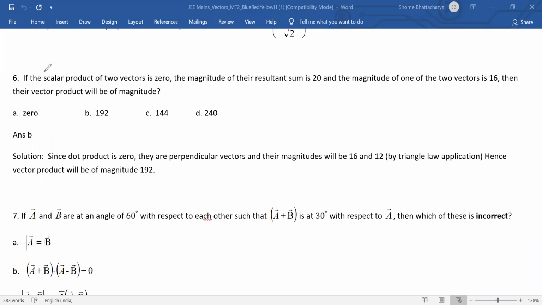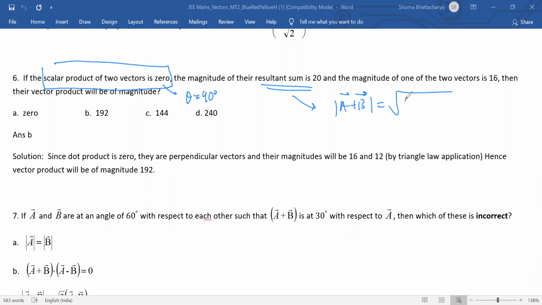The moment you understand that scalar product is 0, that means you know that theta is equal to 90 degrees. So when you talk about the resultant sum, it is just root of a square plus b square. So 20 is equal to root of 16 square plus b square. So very simple this is now.